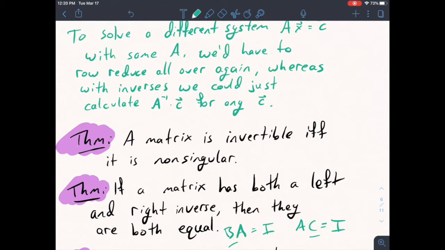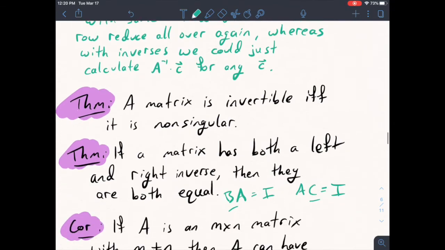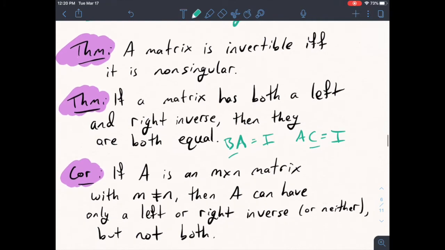In particular, this is telling you the following corollary. If A is an m by n matrix with m not equal to n, so in other words, it's not a square matrix, then A can have only a left or right inverse, or it could have neither, but it can't have both.